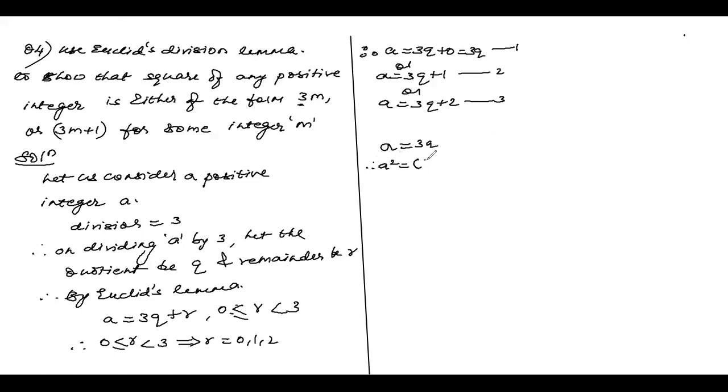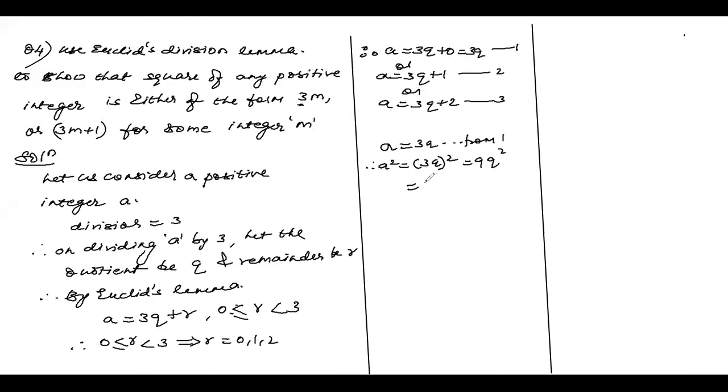A square equals 3q the whole square, which is 9q square.